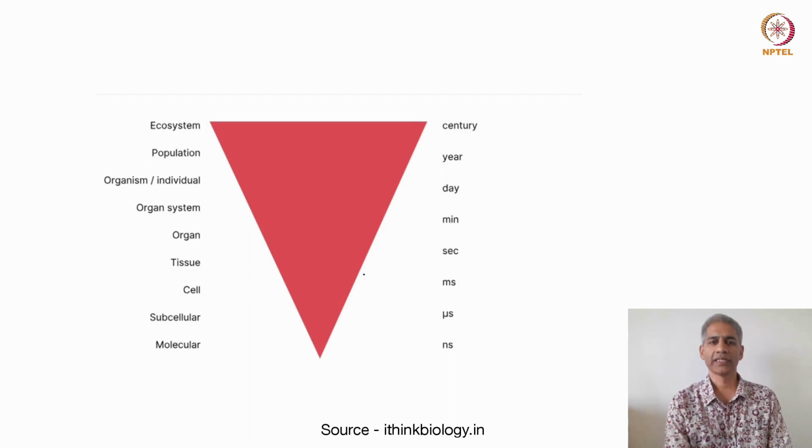Moving on to a temporal scale, or what is the time at which certain events in biology happen. Shown here is a very simple model of such a scale. So we could say that going from the molecular level to the ecosystem level, the time scales which are important tend to change. On the molecular scale, the time scales which are important are on the order of nanoseconds.